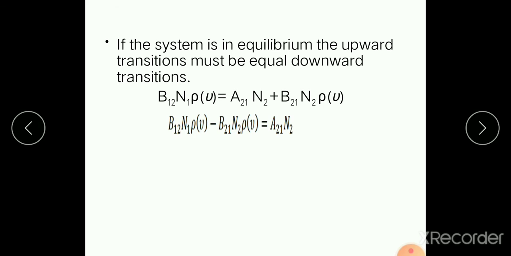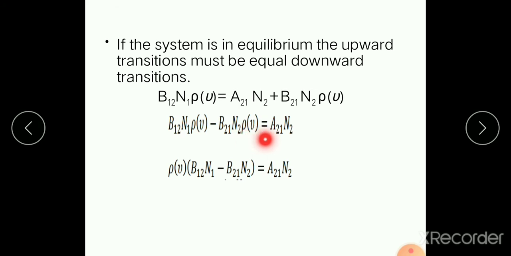Let us separate the terms related to spontaneous phenomenon and the terms related to stimulated phenomenon. So you just take this term here on the right hand side. So we will get B12 N1 rho of nu minus B21 N2 rho of nu is equal to A21 N2.